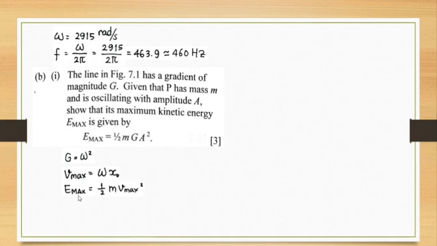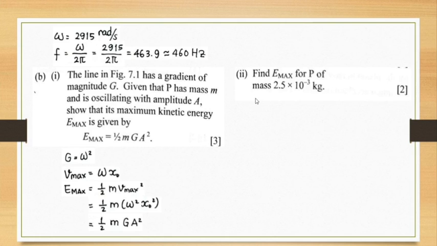If we want to find maximum kinetic energy, then v should be maximum too. So we can substitute this Vmax by using this omega times x0. So Emax is equal to a half m times omega squared x0 squared. x0 is the amplitude. Here we should use this amplitude a. So this is equal to a half m, omega squared is g, times a squared.